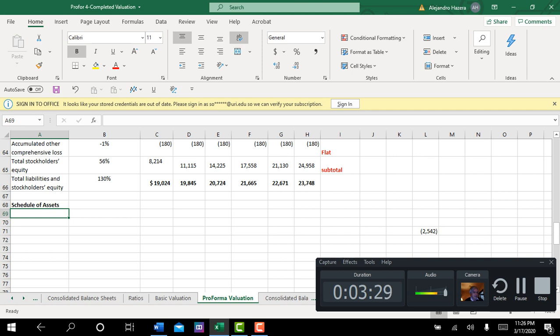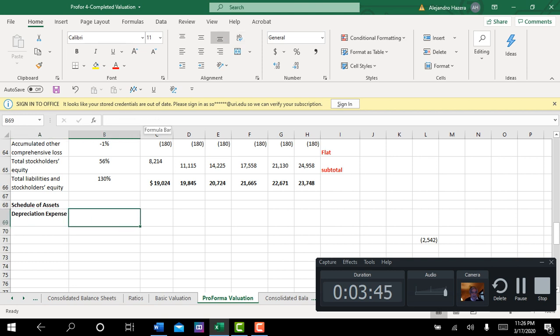The first thing I'm going to do is write in my depreciation expense. As always, depreciation expense comes from your statement of cash flows.